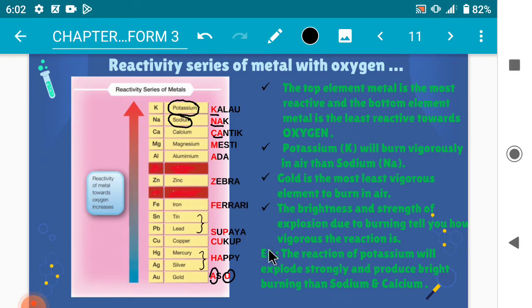For example, potassium will explode strongly and burn more brightly than sodium and calcium, because potassium is located at the top of sodium and calcium. Okay, like that.